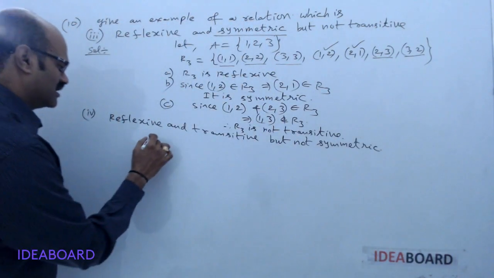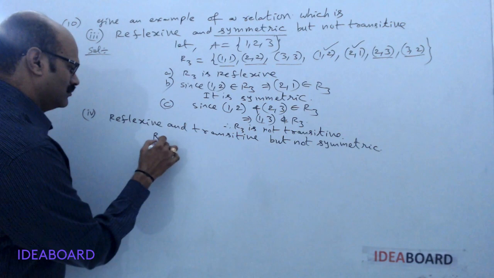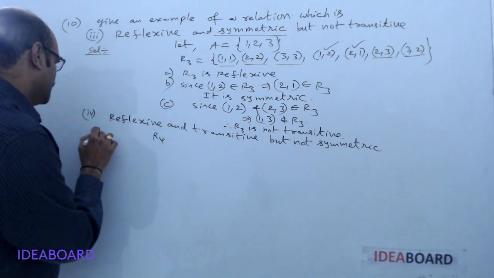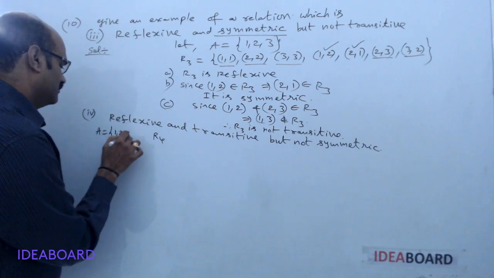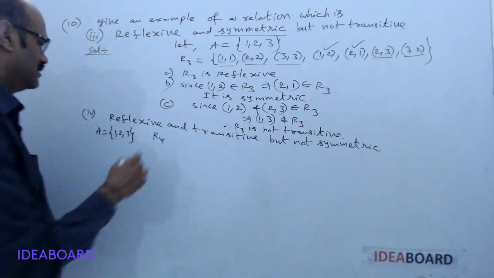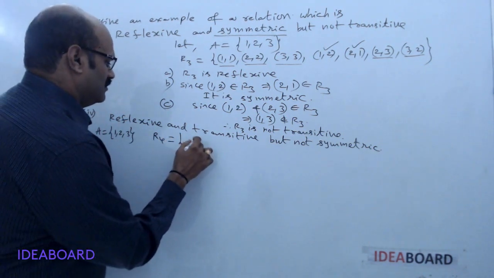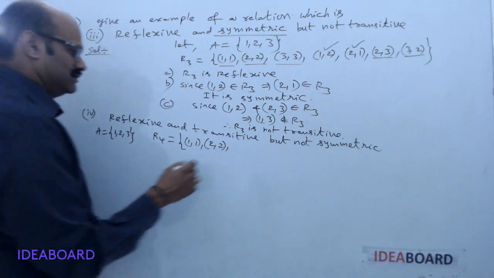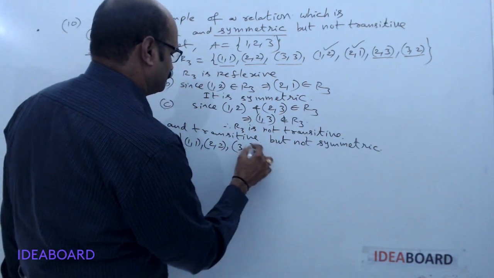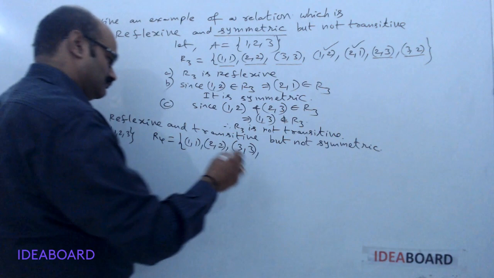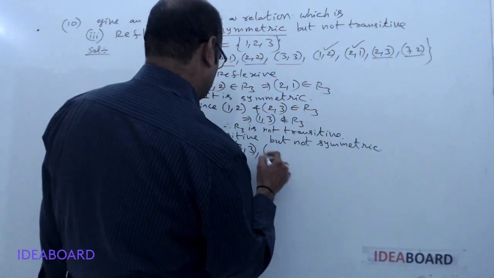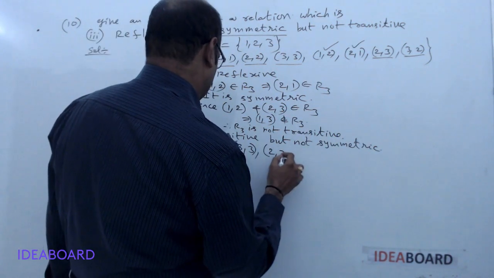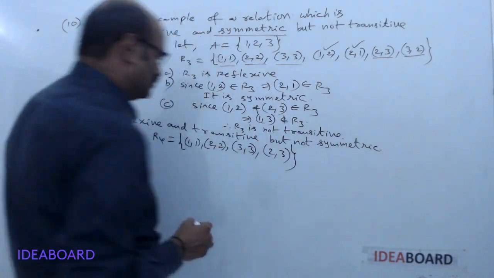Let me take the relation R4 on the set A equal to {1, 2, 3}. R4 equal to {(1,1), (2,2), (3,3), (2,3)}.